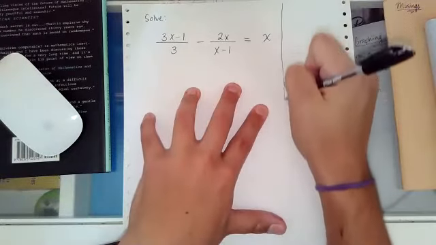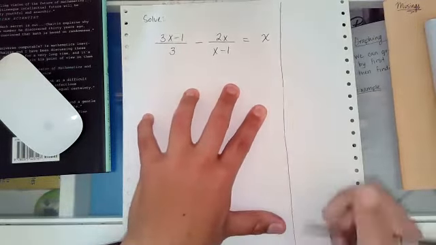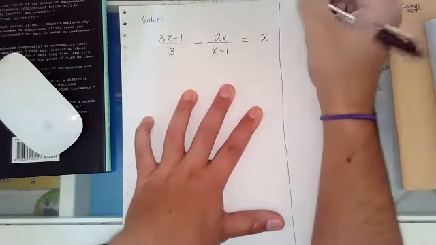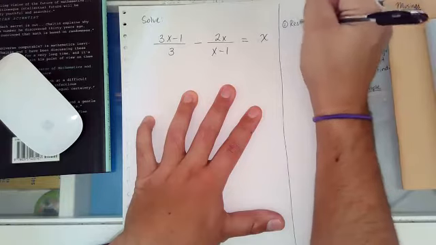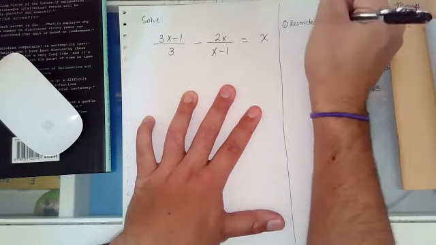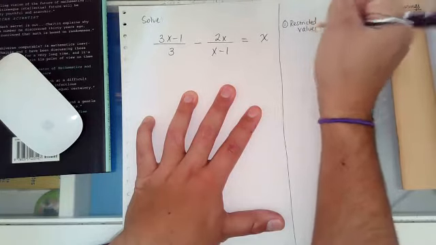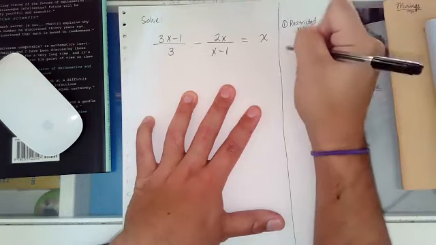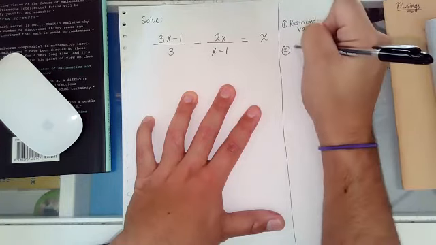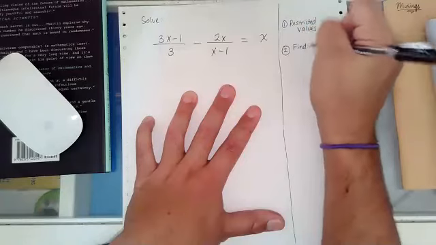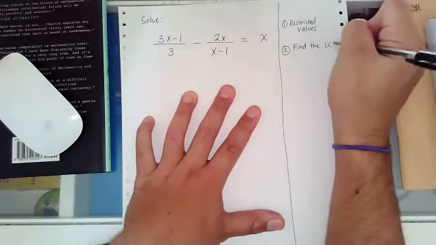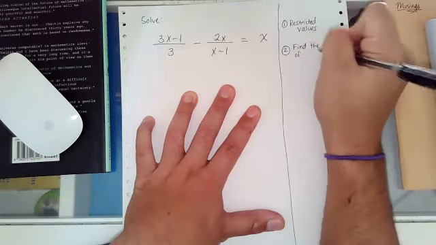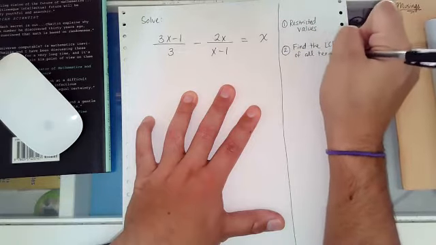This time I'm going to go a little bit faster, but I will write out the steps here. First, we're going to look for the restricted values. Two, we're going to find the LCD of all the terms.